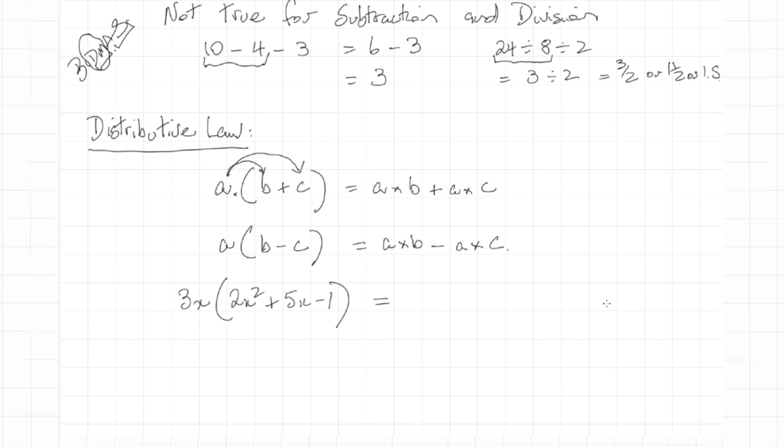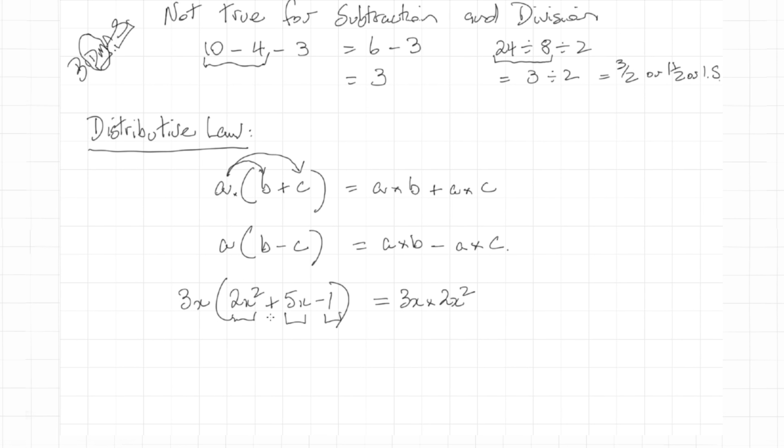Now, I'll write a line here that you probably won't need to write after we've shown how it works. So you've got 3x times 2x squared. We've got 3 terms here inside the brackets, connected by pluses and minuses. So the 3x has got to be multiplied by the first term.